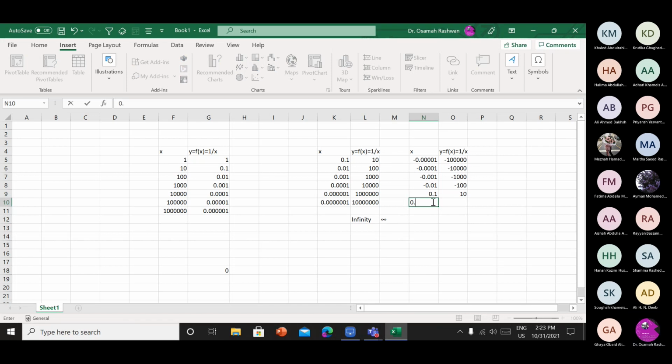So look at this one. When you go to the left, you are going to be bigger, right? You are going to be increasing, right? Catch it?